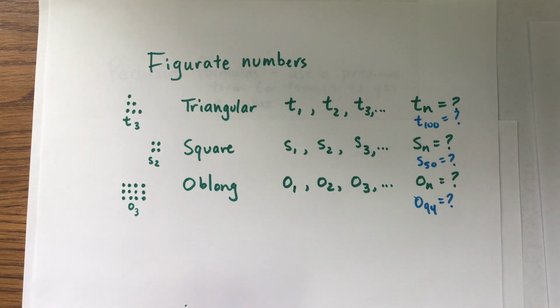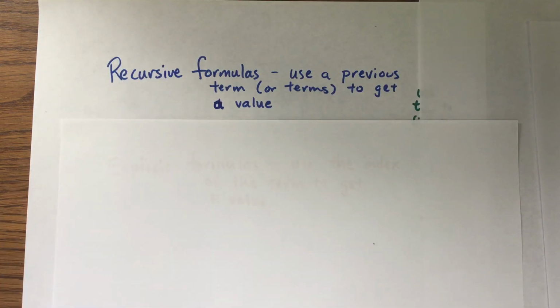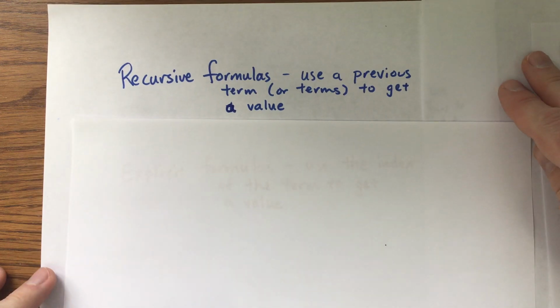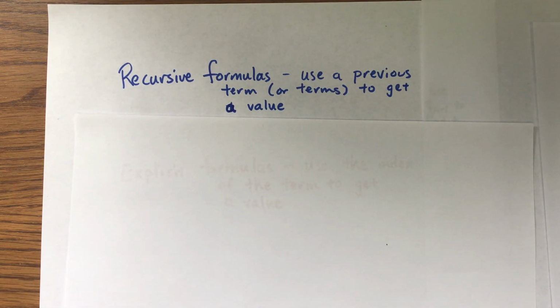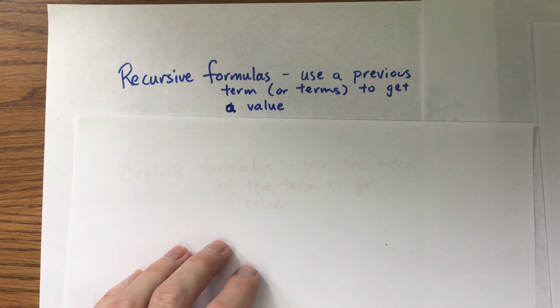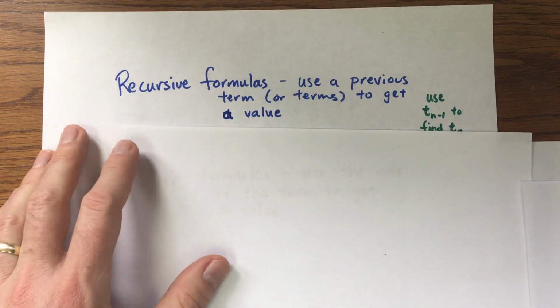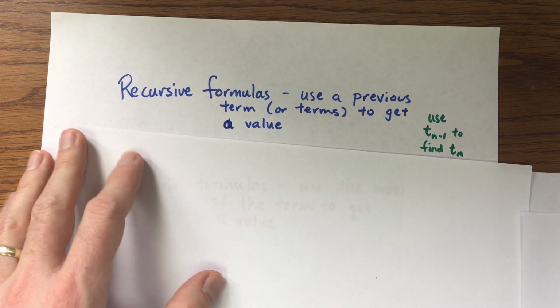So I want to frame this in looking at two different types of formulas. One kind of formula is a recursive formula, and a recursive formula is one that uses a previous term or terms to get a value. So for example, we might use T sub n minus 1.